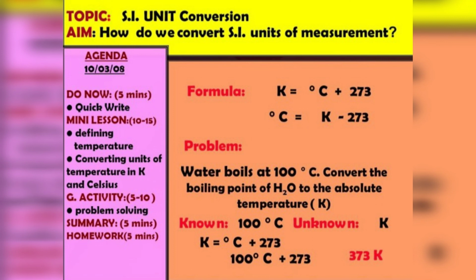Okay. So the Kelvin scale temperature is equal to the reading in the Celsius scale plus 273. You may be asked in the exam to convert a temperature from the Celsius scale to the Kelvin scale. Then you just add 273 to it, and you will get the value in the Kelvin scale.